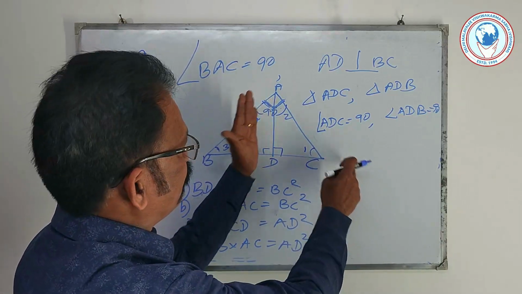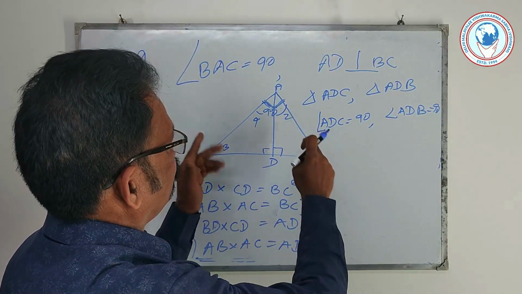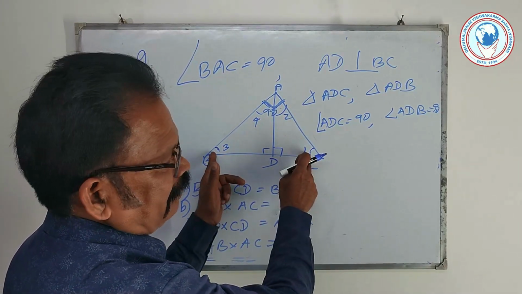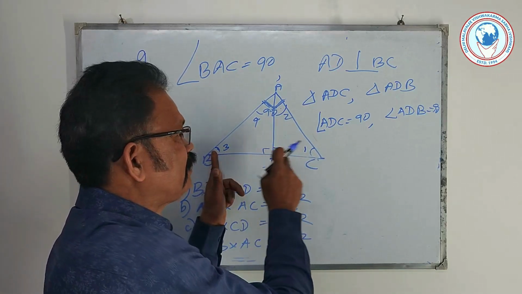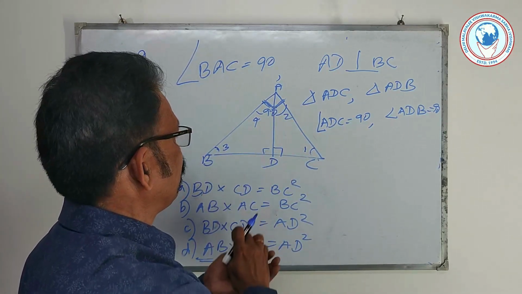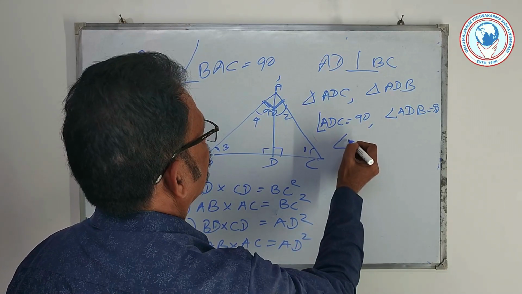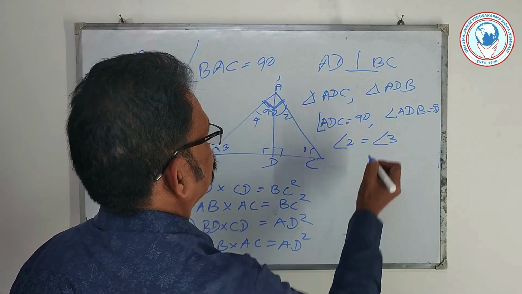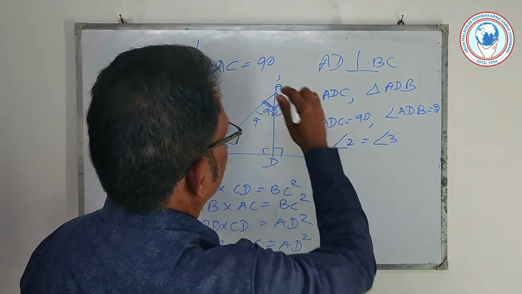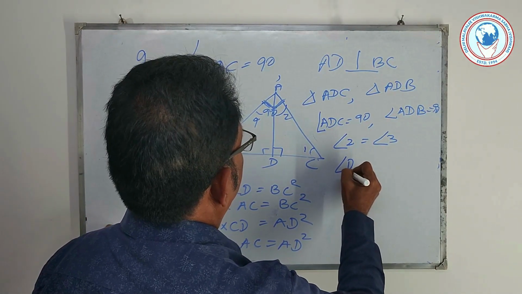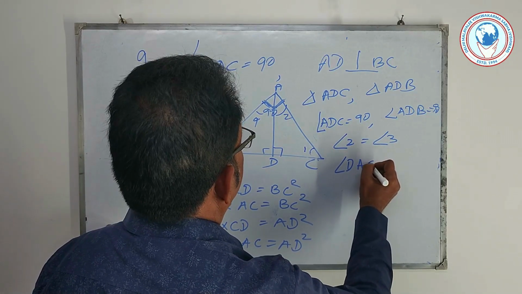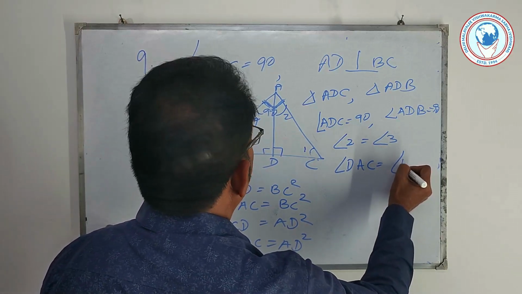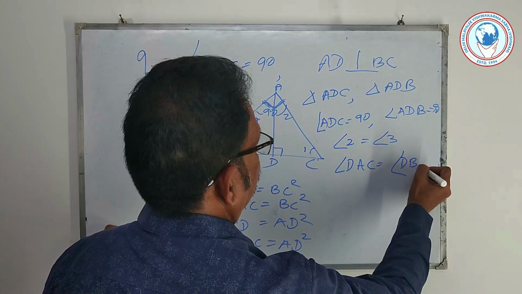In the whole triangle, angle A is 90, so by angle sum property, angle 1 plus 3 is also 90. Therefore, we get angle 2 equal to angle 3. It means angle DAC equal to angle DBA.